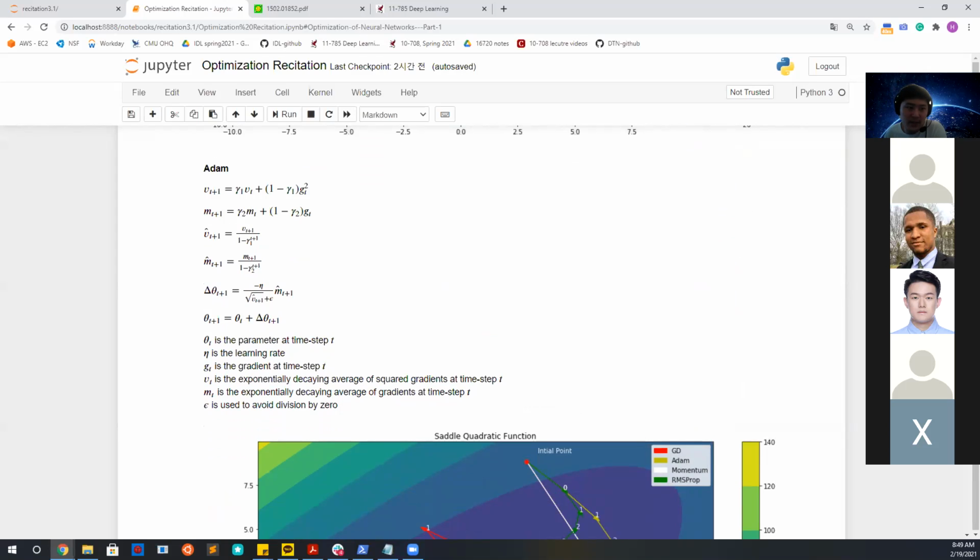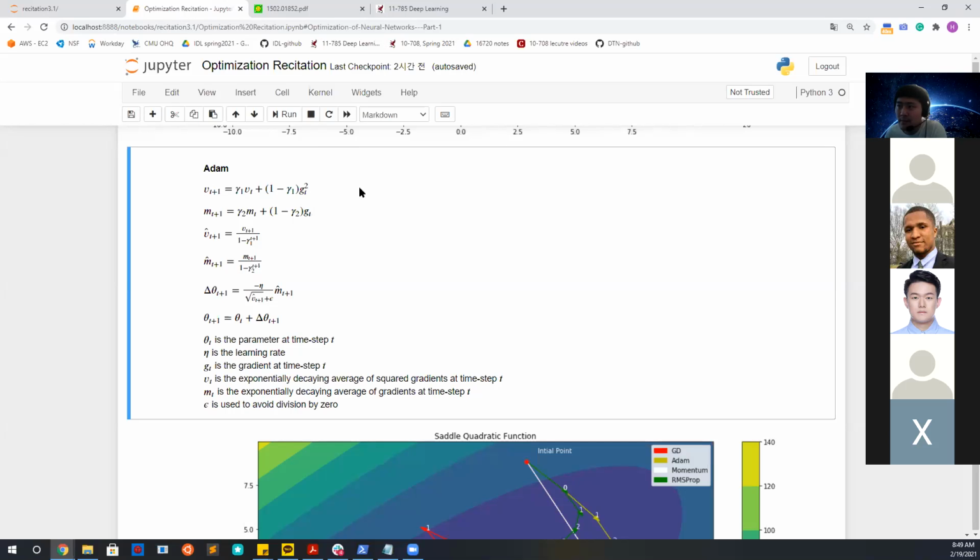Basically what Adam is trying to do is incorporate what we saw in RMS prop, the weighted average of the squared gradients right here. This enables updating each parameter with a differently modified learning rate, because we're dividing by this square root over here. It's really similar to RMS prop, but it also includes momentum, keeping track of the average weight of the gradients.